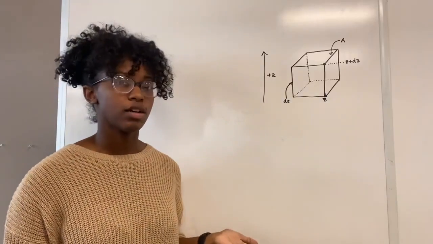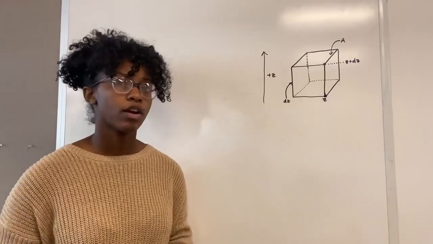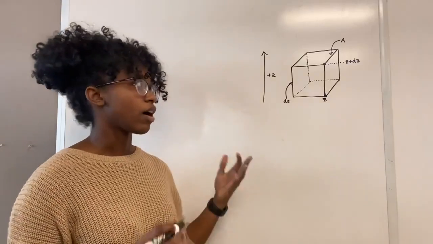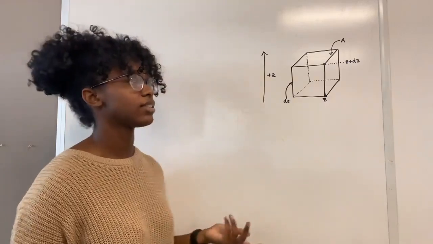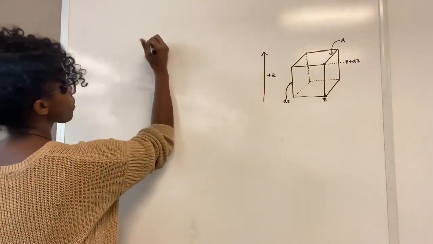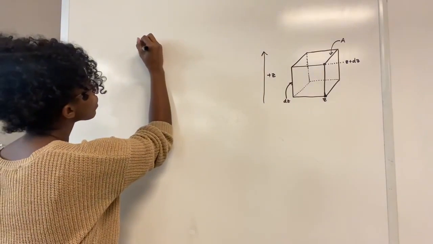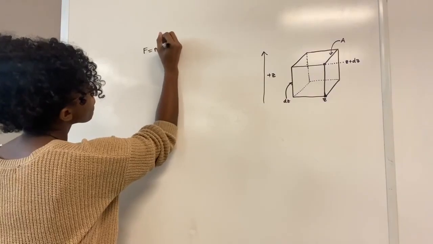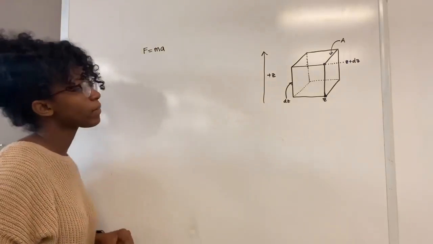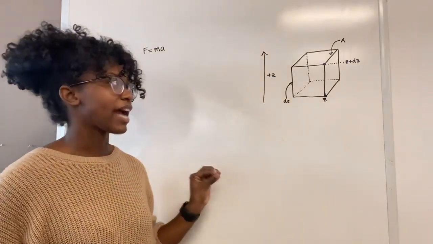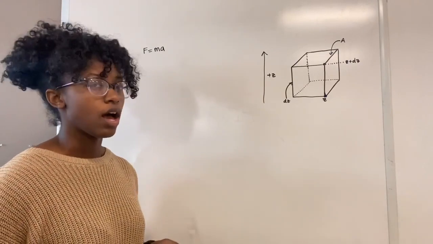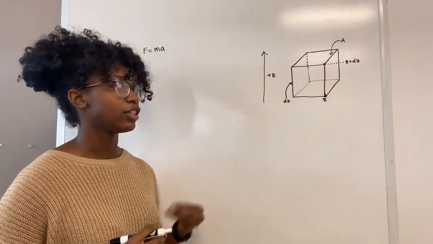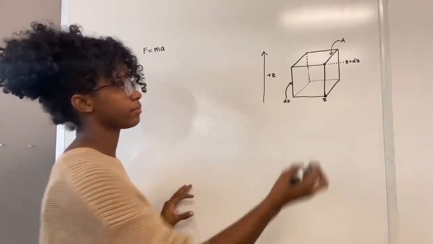We know Newton's first law to be F equals ma, where all of the forces acting on an object is equal to its mass times its acceleration. But this particular fluid is actually encased in a container that is much larger than itself, and thus this fluid is stationary.